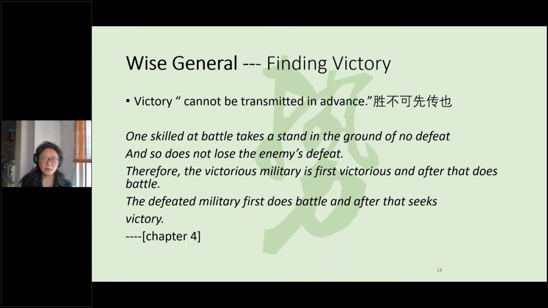And this is actually in accordance with what Stephen Covey said when he said, begin with the end in mind. So in order to win, we have to first make the victory. The victory is first won in our mind rather than in action. And we take on the perspective of a victorious army, and then we just carry out the things that victorious armies would do.